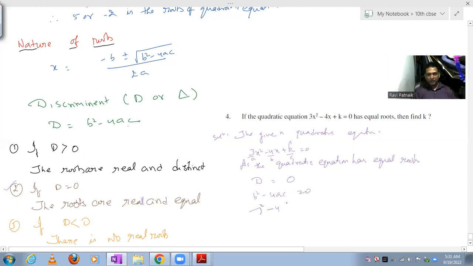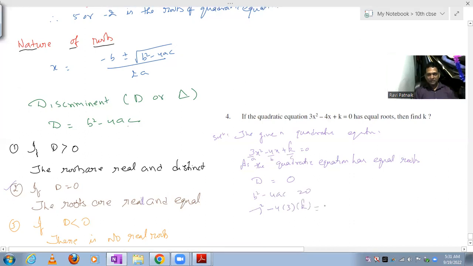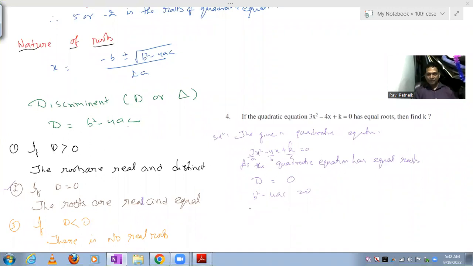4 into AC minus AC means 3 into K is equal to 0. So B is minus 4 whole square. Minus B means minus 4 whole square minus 4 into 3 into K is equal to 0.